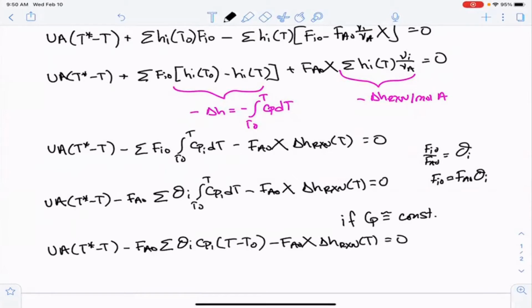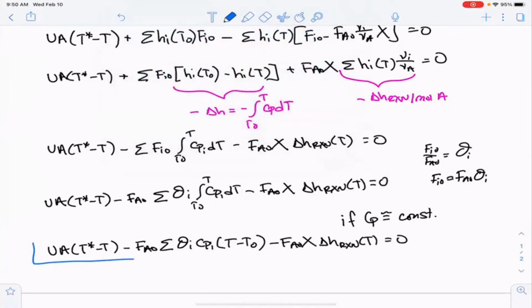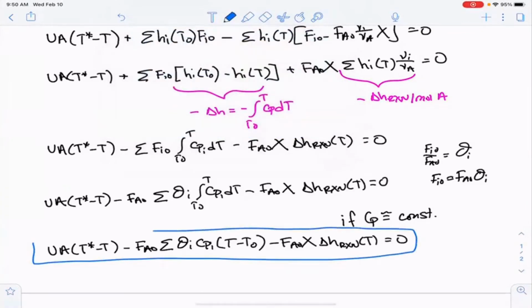Now, I would just solve this computationally, right? If I had a problem, I would just call this done. I would say, here's the result of our energy balance for a flow reactor at steady state that is jacketed, or where there's heat transfer from the reactor temperature to some constant temperature on the outside of the reactor.